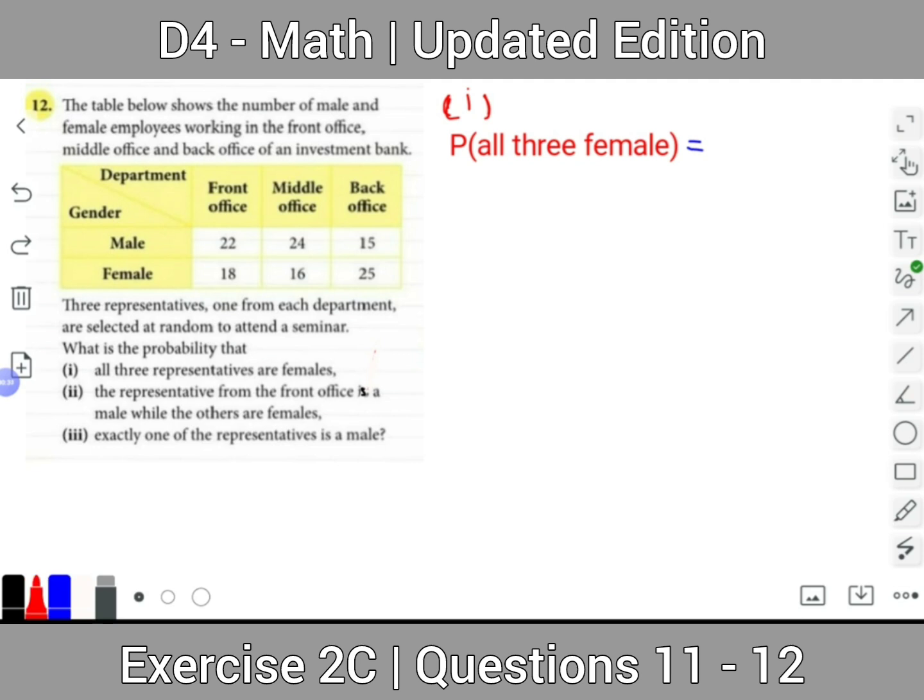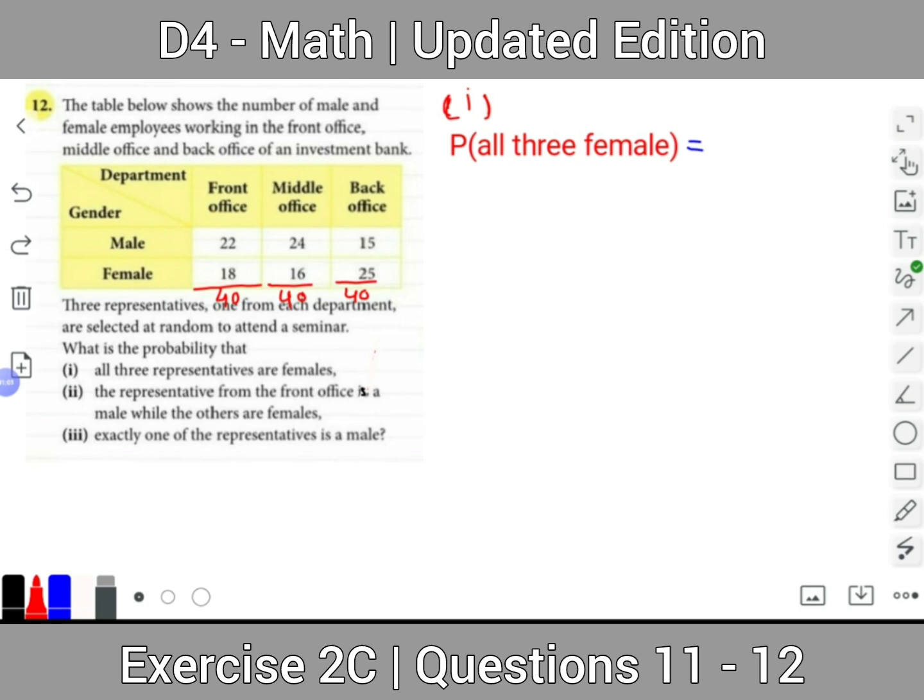first we have to total the number of male and female representatives in the front office, middle office, and back office respectively, and that is 40 in each department. So the total number of representatives is 40. Now we want the probability for all the 3 females.